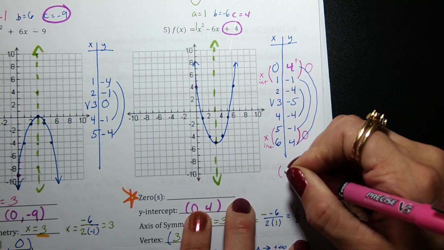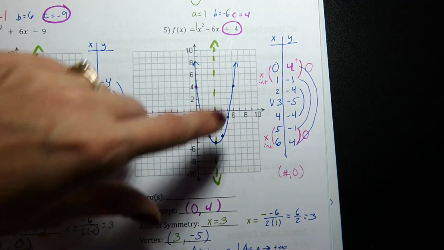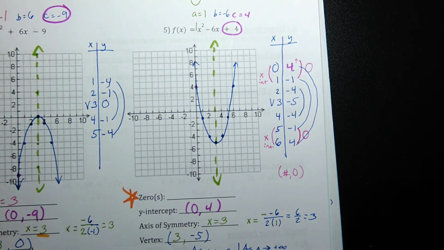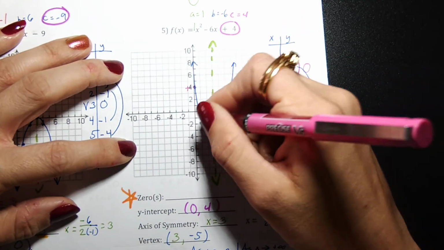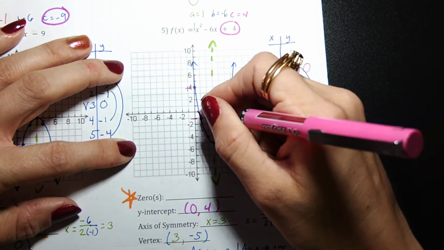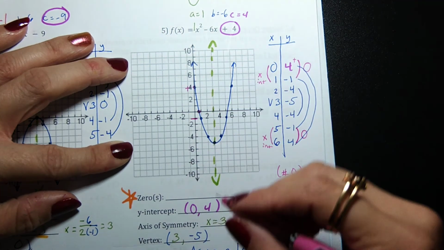So your x-intercept, remember, is a number in 0. So where I go from a +4 to a -1, somewhere between that positive and negative, I cross the x-axis. Here's +4, here's -1, there's where the 0 would be.